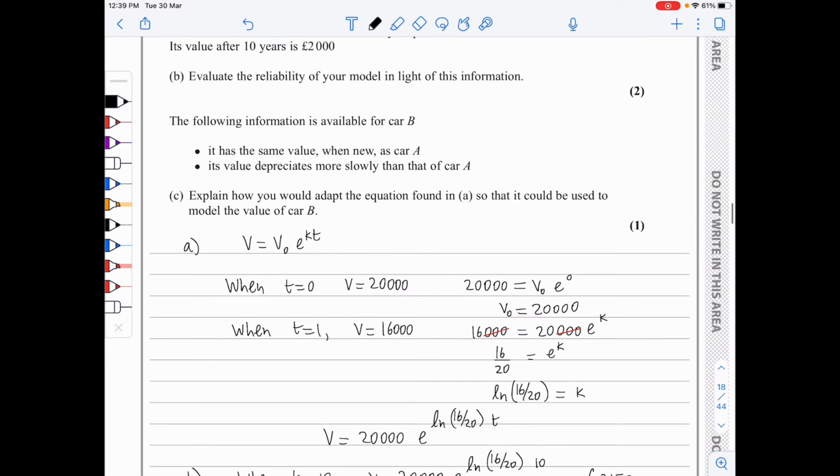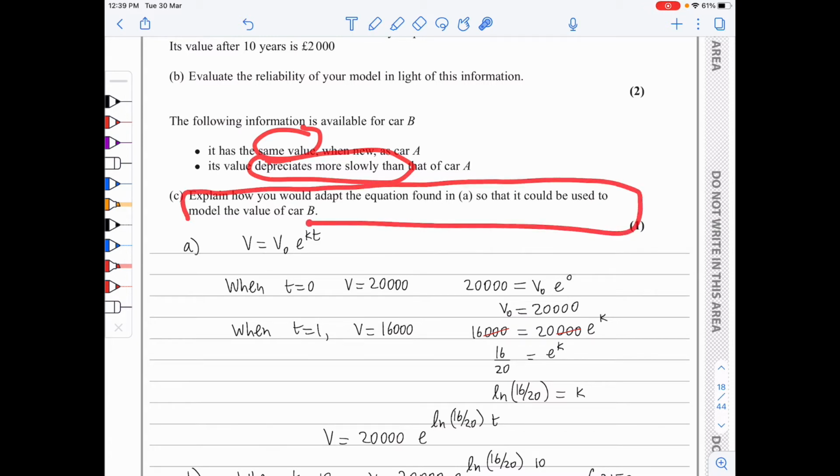In part C, we've got a different car now, car B. It starts off with the same original value and then depreciates more slowly, drops value more slowly. So how could we adapt the equation?